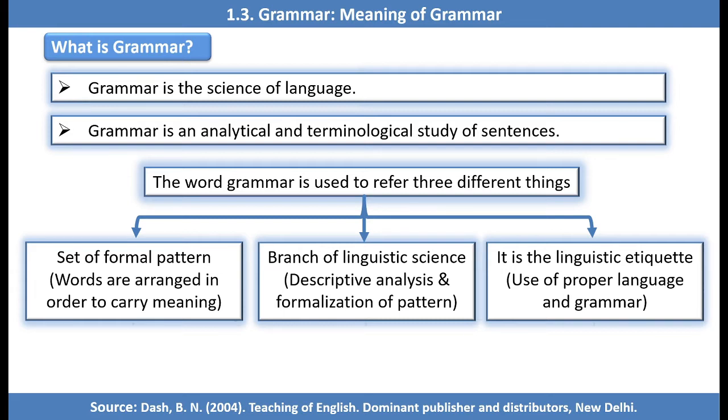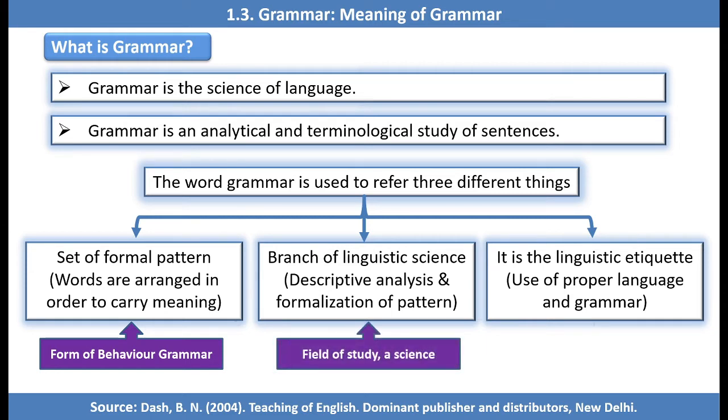So these are the three different things about language. The first one we call a form of behavior of grammar. So here how the behavior is formed we study in the first thing. And the second one is a field of study, or a science. Here it is a science in the sense that we study the field, we analyze descriptively.